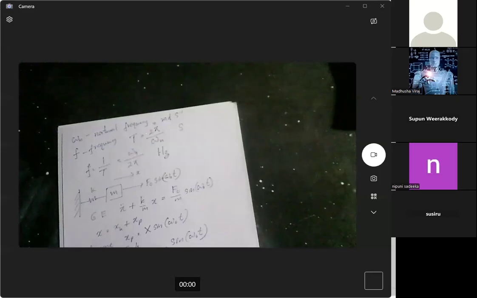Right? Then this is the governing equation. This is the solution, so it must fulfill this one.